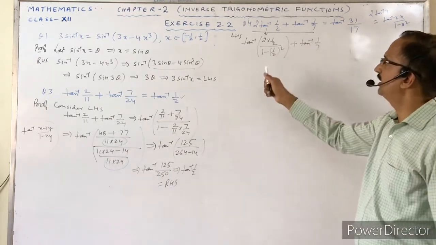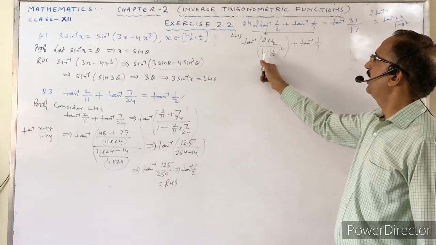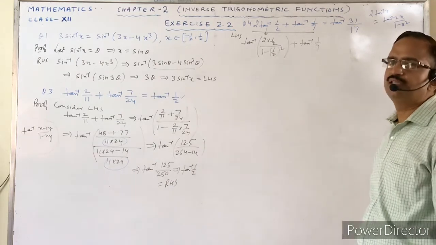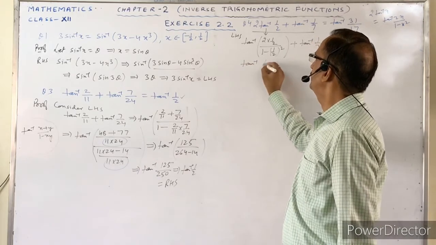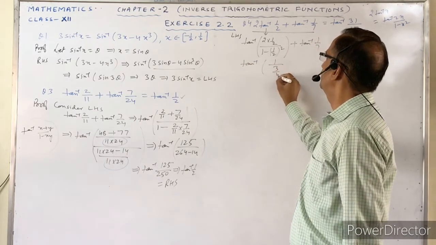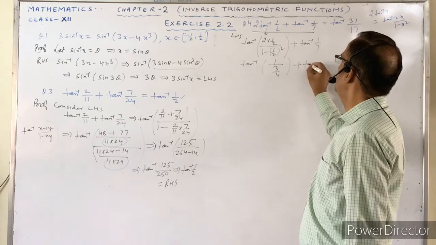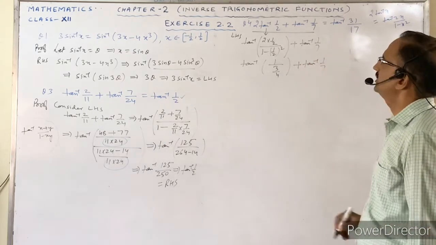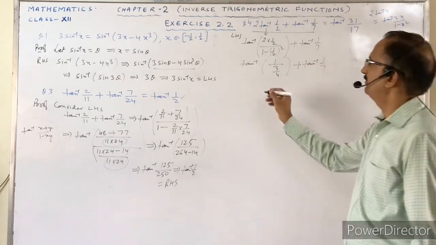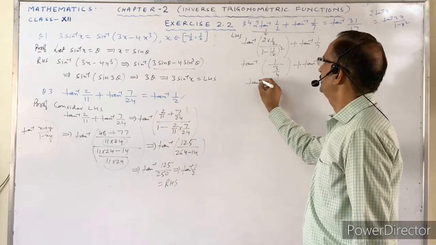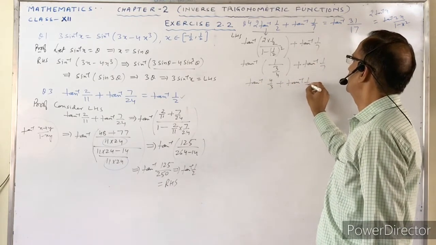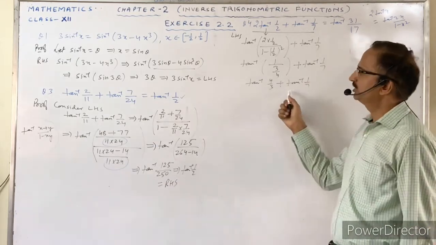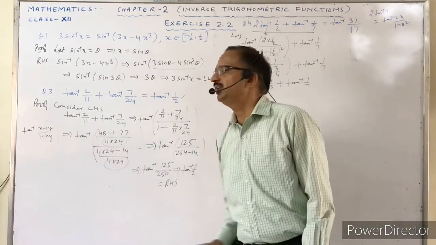Now 2 and 2 cancel out, this is 1 by 4, and 1 minus 1 by 4 is what? 3 by 4. So we can write tan inverse, this is 1 and this is 3 by 4, plus tan inverse 1 by 7. Now when we simplify this, we will get tan inverse 4 by 3 plus tan inverse 1 by 7. Now the question is like question number 3.